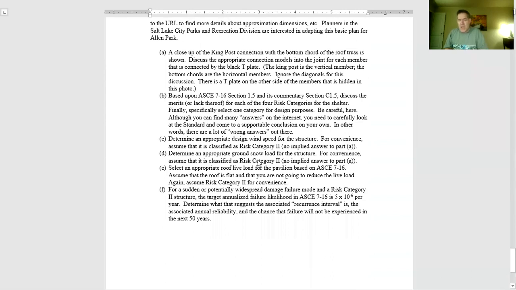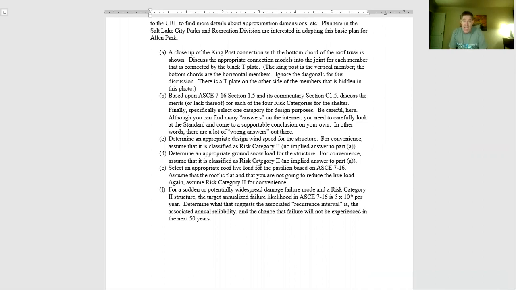And then finally, we've got the probability calculation here. We've got the target annual failure likelihood of 5 times 10 to the minus 6 per year for a sudden or potentially widespread damage failure mode for a risk category 2 structure. And so what that means is for a recurrence interval, all we do is take the reciprocal of that.